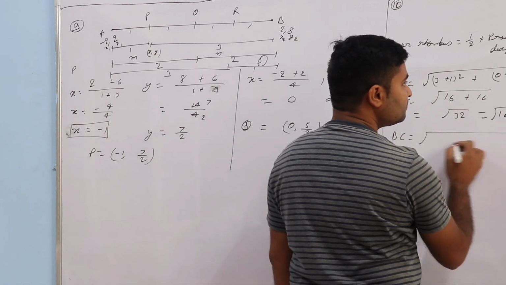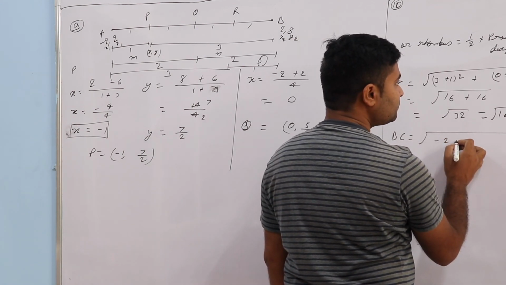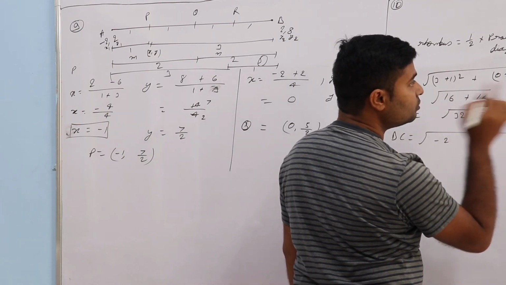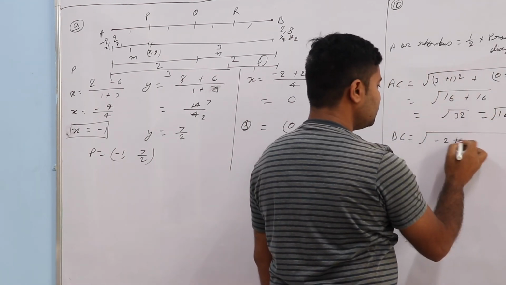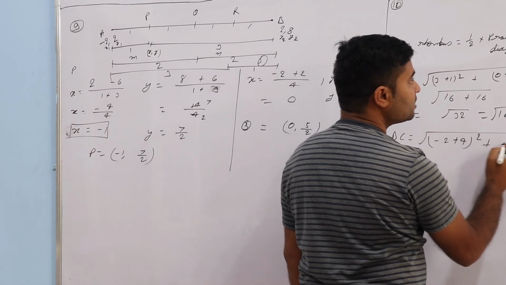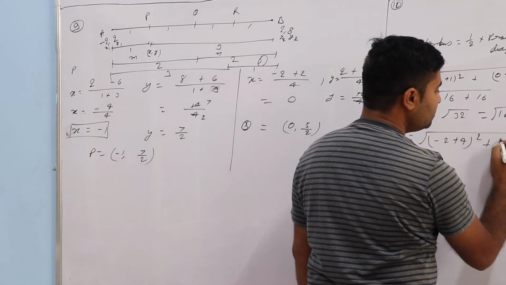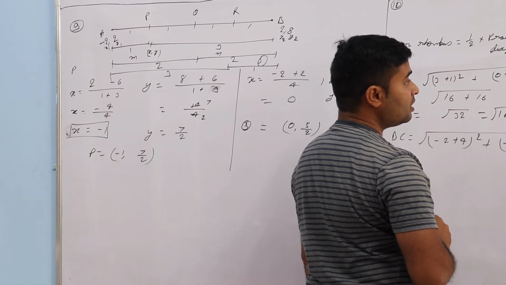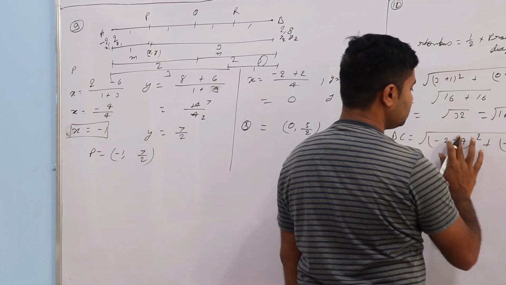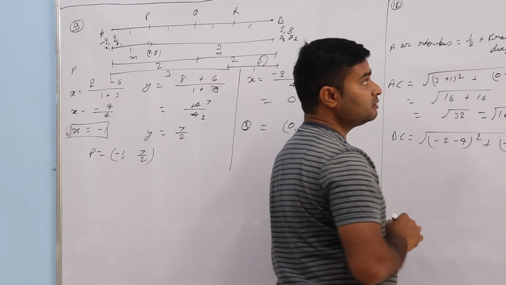Next find BC. BC is equal to minus 2 minus 2, that is 4, so minus 2 plus 4 square plus minus 1 plus 5 square, using x2 minus x1.